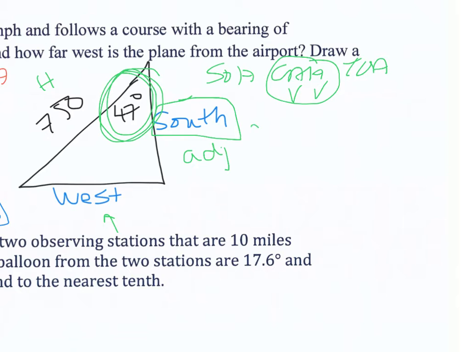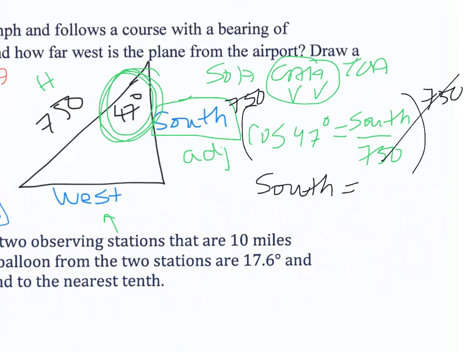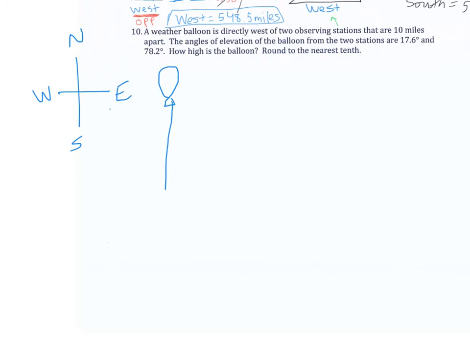So we'll say the cos of 47 degrees is equal to the adjacent, which is the south, over the hypotenuse 750. And when you multiply both sides by 750, you get the south length is 511.5 miles.